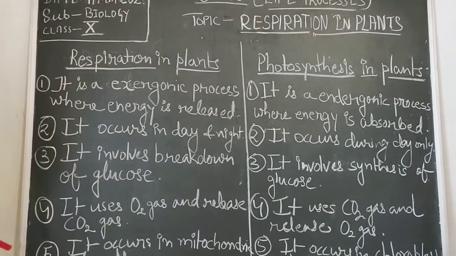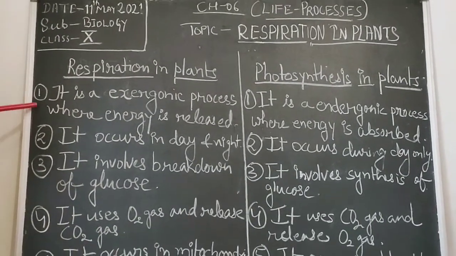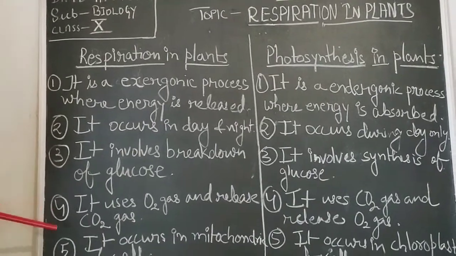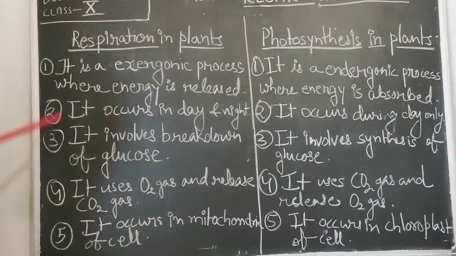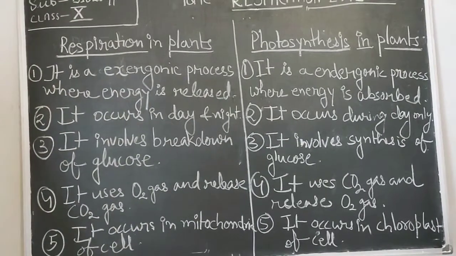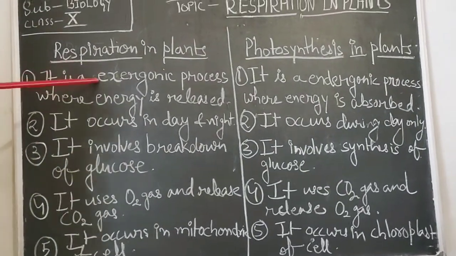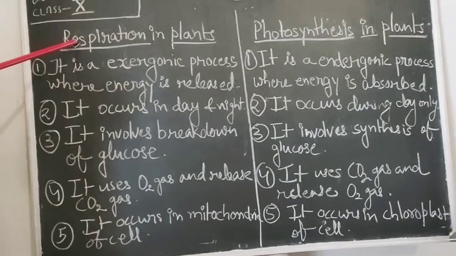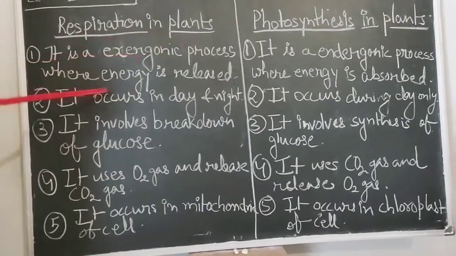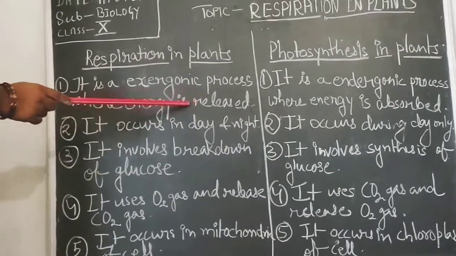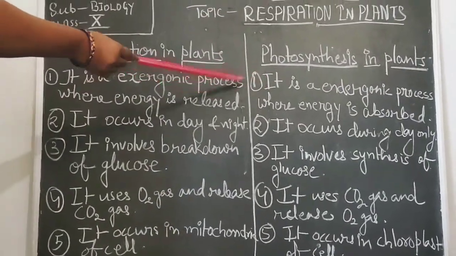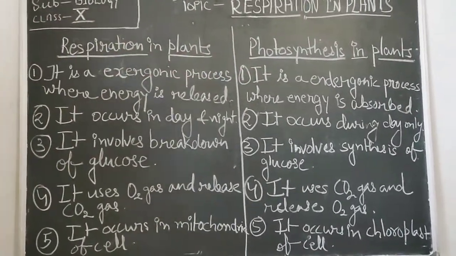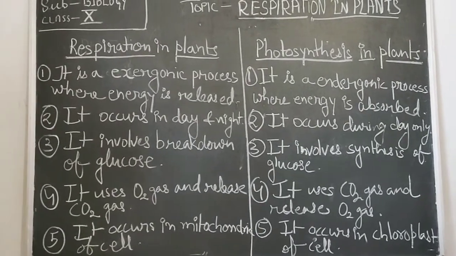Today we are going to discuss the differing points of respiration and photosynthesis. The first point of difference is that respiration is an exergonic process where energy is released, whereas photosynthesis is an endergonic process where energy is used or absorbed.